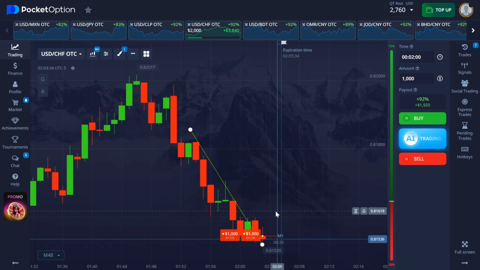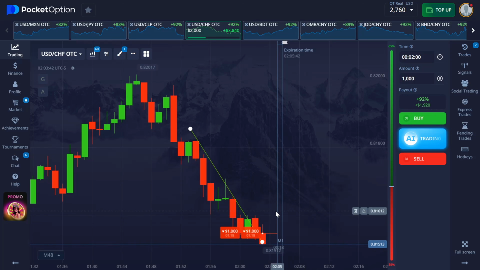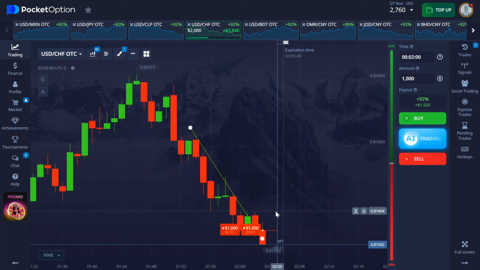Guys, let me tell you something. No matter which strategy you're using, even if the strategy is accurate, still use proper entry points. That trade that I took previously was a prime example of why entry points are still important even when your strategy is good.